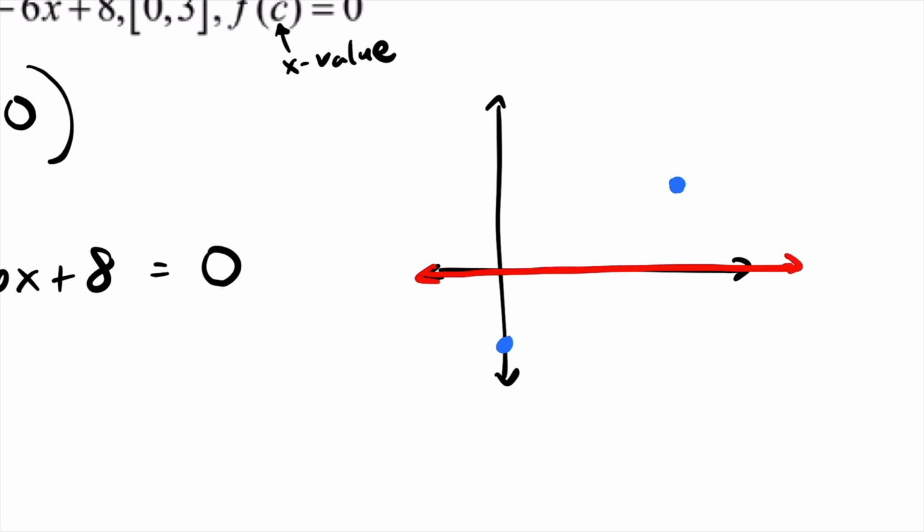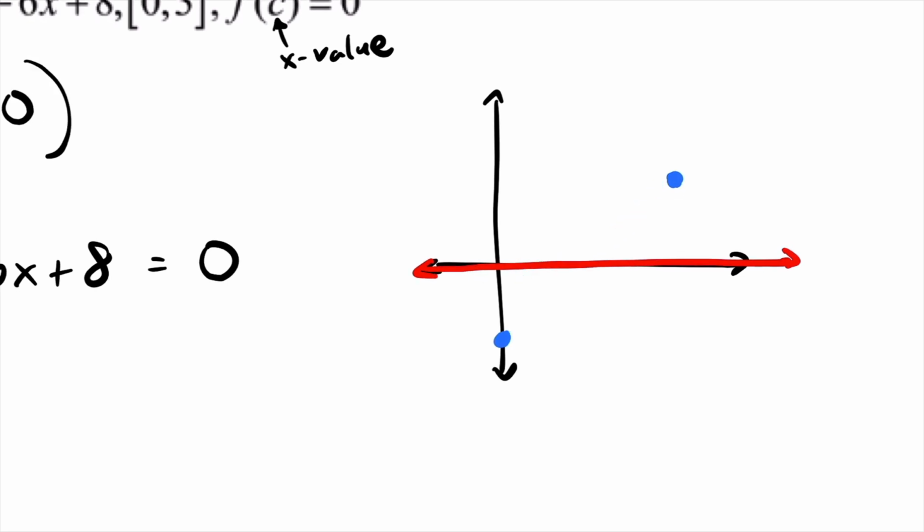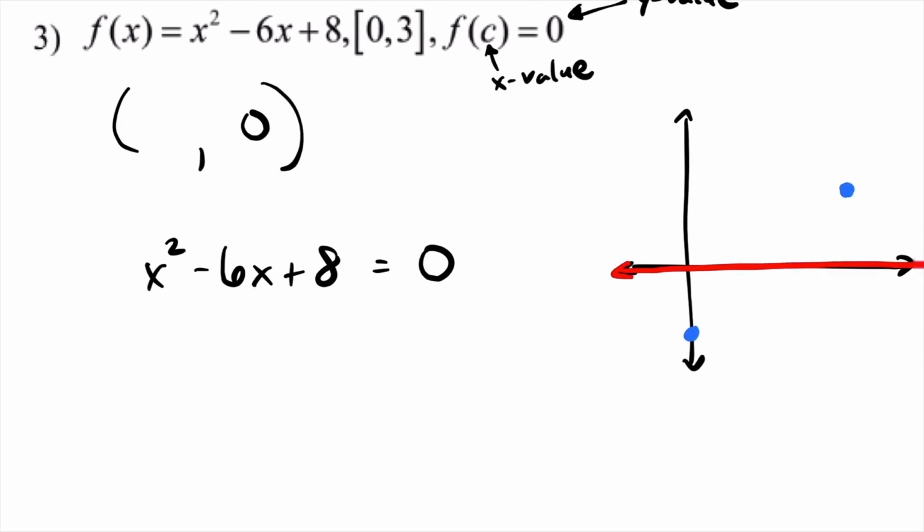That's the river. So we want to know when it crosses. Could it cross multiple times? Could I do this? Does it have to cross? We don't know yet, because we haven't even checked.